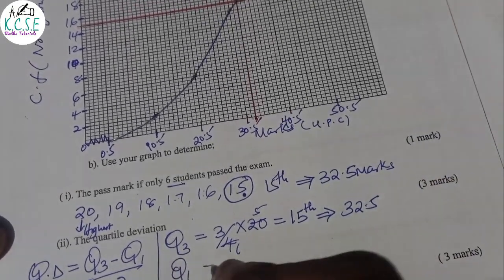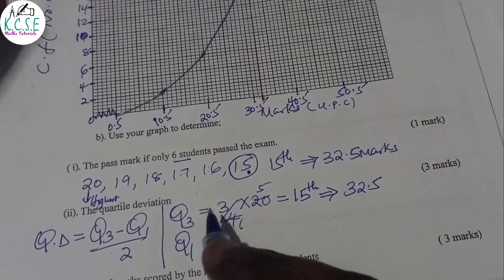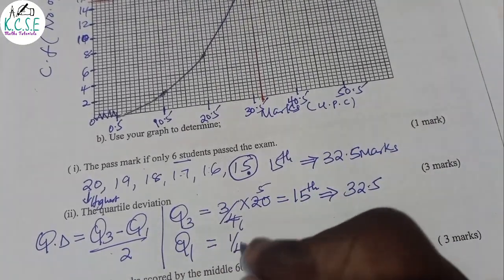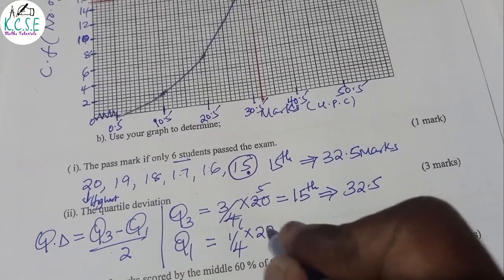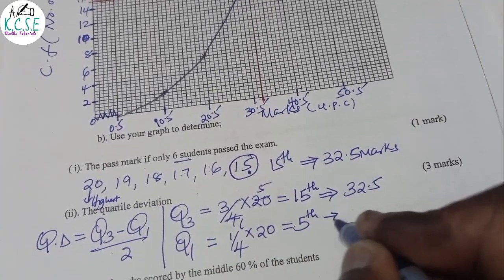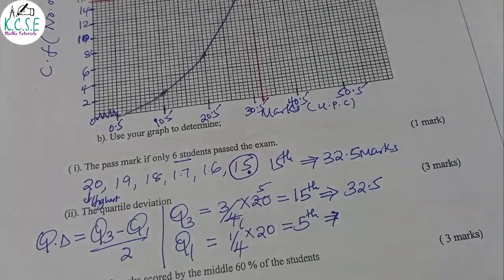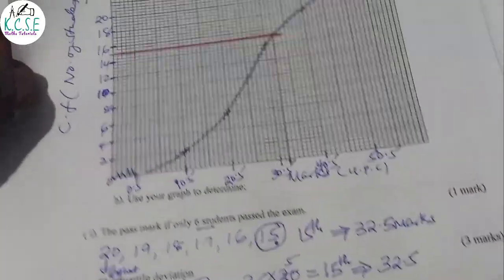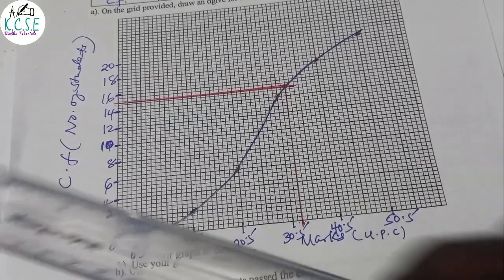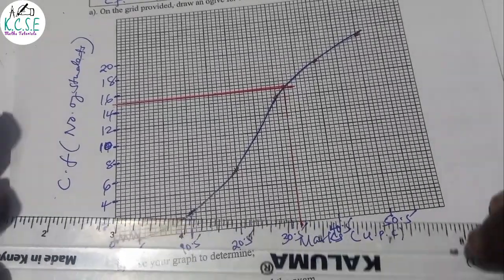Then Q1, how do you get Q1? Q1 is obtained by getting a quarter of the total frequency, and this will give the fifth student. So we go to the curve, and draw a straight line from the fifth student.